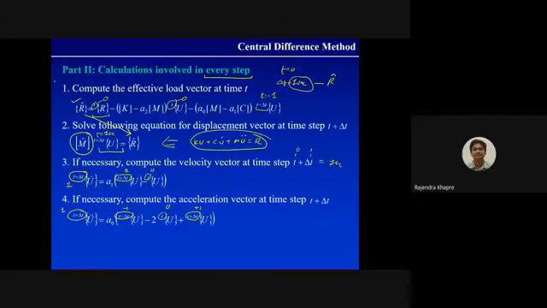So this is the stepwise calculation which we have to follow for the first step. For the next step, you have to follow the same thing. In place of t, initially we calculated delta t, so now it will become 2 times delta t, which is 2 seconds. The same expression will be followed. Only thing is that initially it was t, so this will now become delta t. If this is t, this will become delta t.